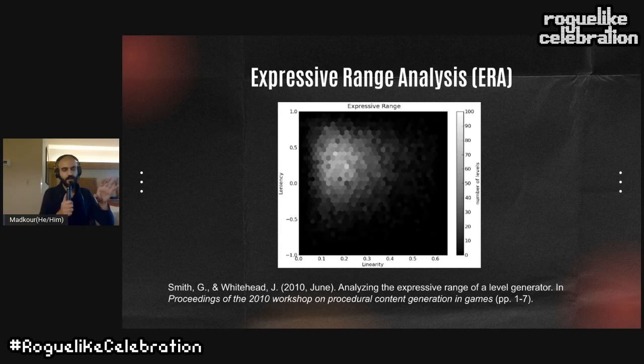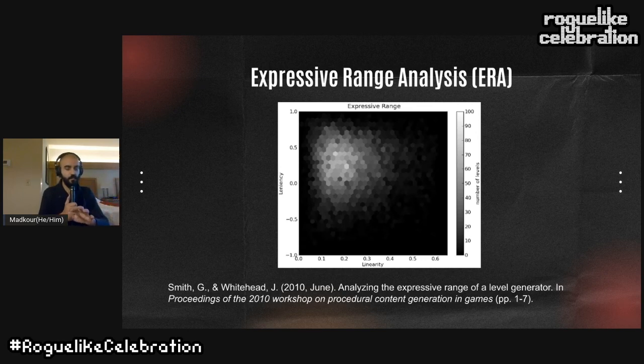So this shows you how expressive your generator is, and the range of its expressivity, and then you can analyze it. Therefore, expressive range analysis. This is ubiquitous in PCG research, so you might have seen this before, and it has been used as a way of evaluating PCG. A lot of papers will be like, we've developed so and so, and then this is the expressive range analysis of our generator.